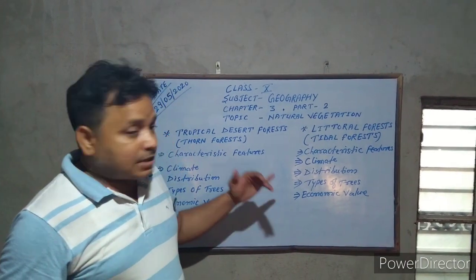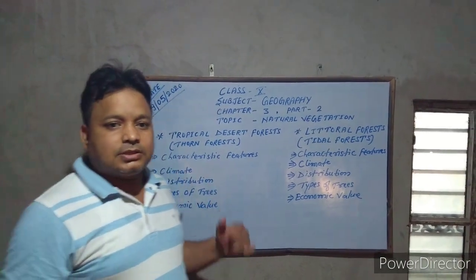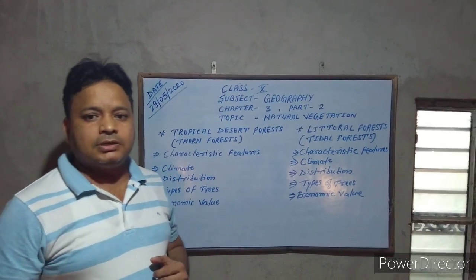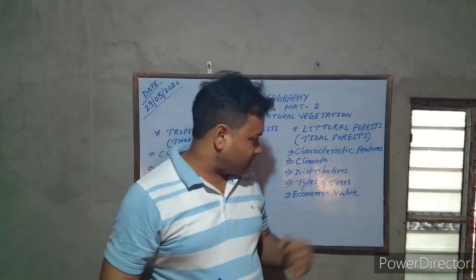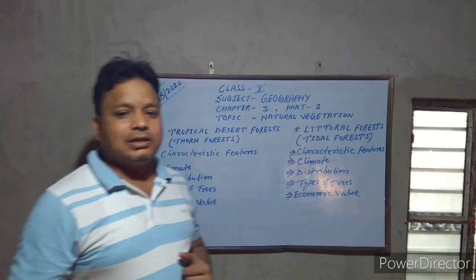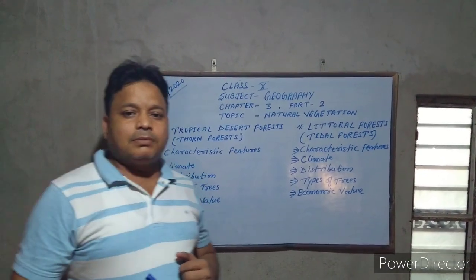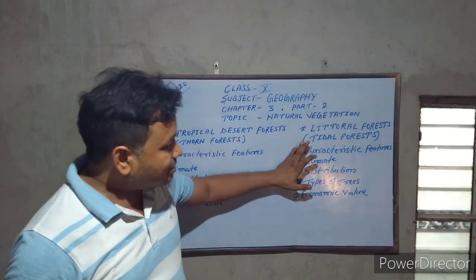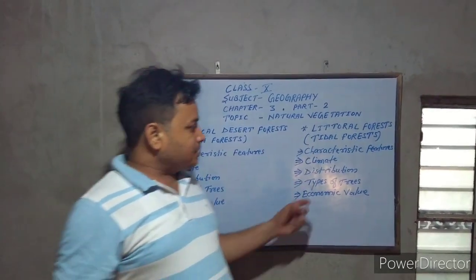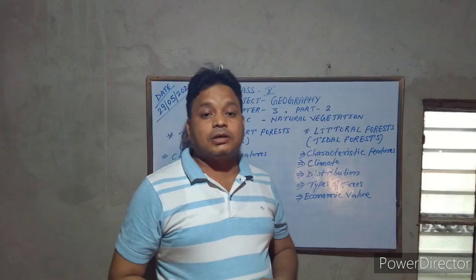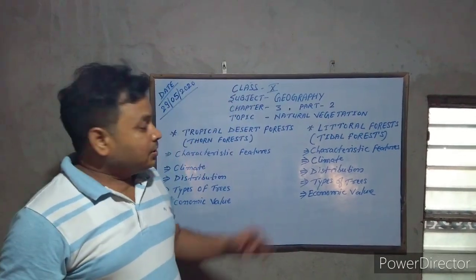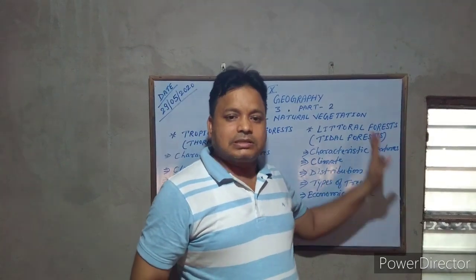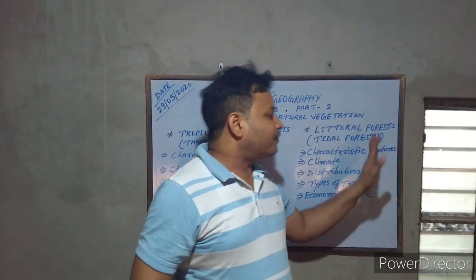The distinct characteristic of trees in this type of vegetation is that the trees are supported by stilt-like roots. These stilt roots get submerged under the water during high tide. The trees of this forest can grow in both saline water and fresh water.